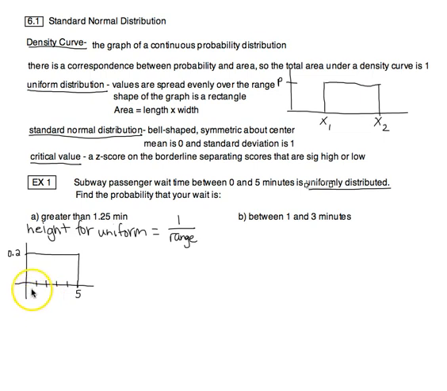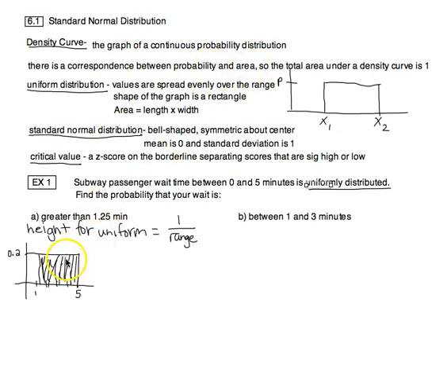So if I want to know the probability that our wait time is greater than 1.25 minutes, because there is a correspondence between probability and area, if I find the area of greater than 1.25, which is probably about right there, that's going to equal the probability because there's a correspondence between probability and area.